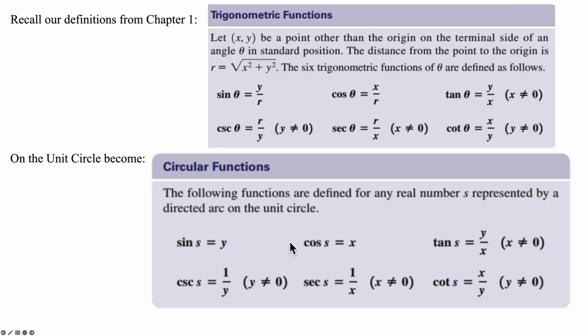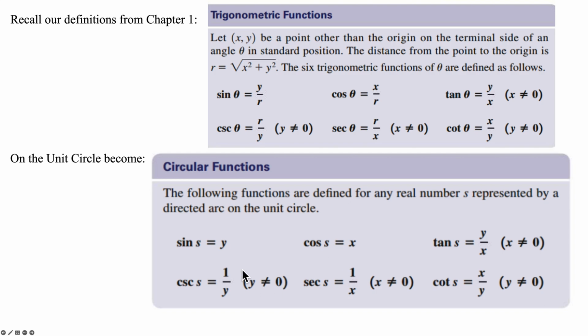Well, here we go. Remember our coordinate trigonometry. Sine of theta was y over r, cosine of theta is x over r, tangent of theta y over x, and then we do the reciprocals for cotangent, secant, and cosecant. But if we're in the unit circle, now your r is equal to 1. So that's y over 1, which is, wait a minute, that's just y.